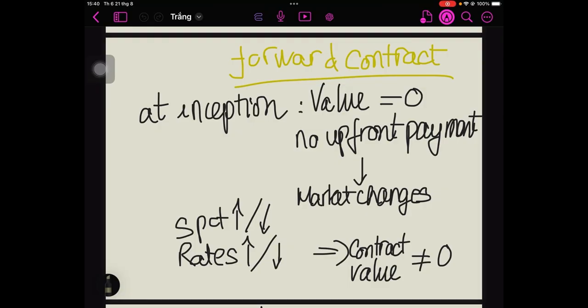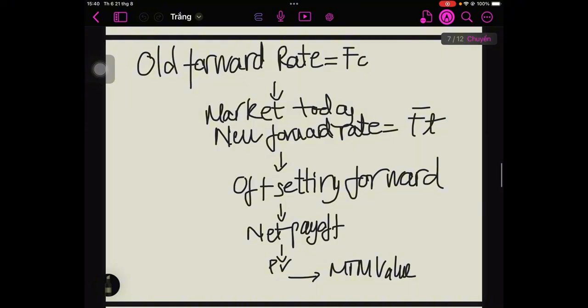But that doesn't mean the contract will always be worth zero. Markets move, the spot exchange rate changes, interest rates change, and therefore the forward rate for a new contract changes. Suddenly, your old contract may be much better or much worse than what is currently available in the market. That's what creates mark-to-market value.